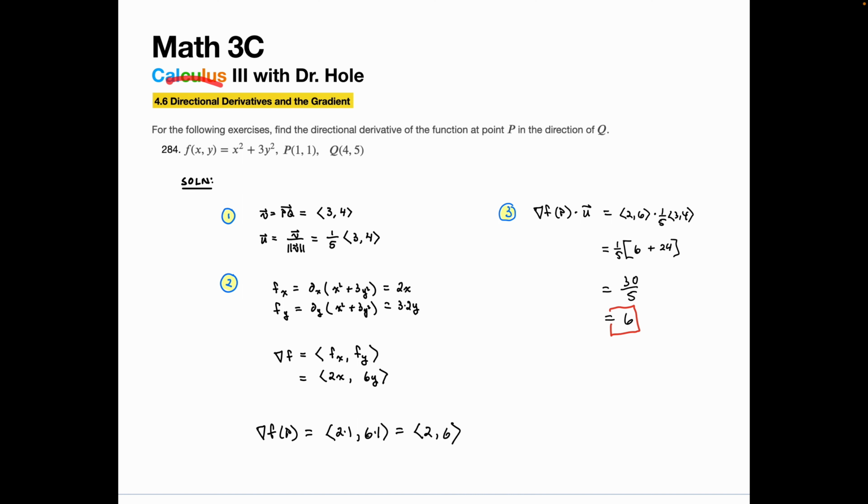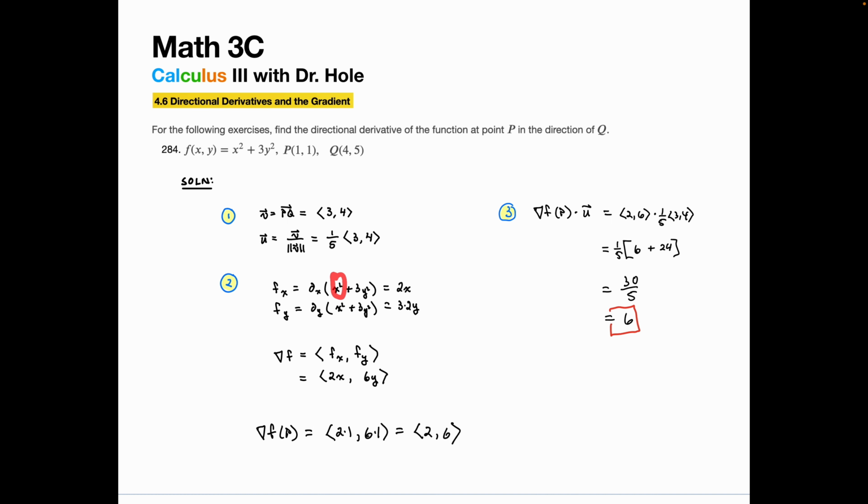To come up with the directional derivative, we simply need to take that direction, u vec, and dot it with the gradient evaluated at this point. To find the gradient, we first want to take partials of our function in the direction x, in the direction y, so that's f sub x, f sub y. The f is a very nice function.